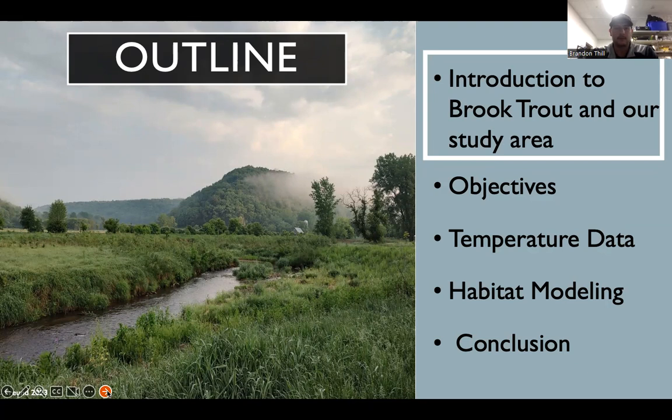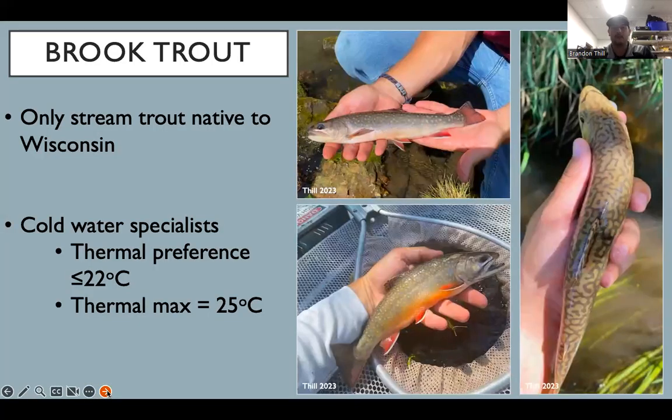But to talk about brook trout, we've got to learn about brook trout. I'm sure most of us are pretty familiar with the species. They are the only stream trout native to Wisconsin, but now they're living in and amongst brown trout, possibly rainbow trout, and they're known as cold water specialists. So brook trout do best in colder water.